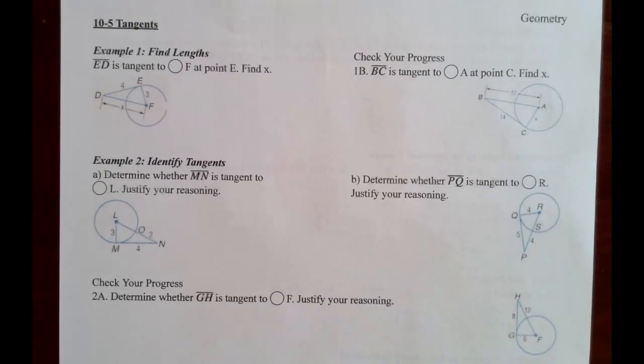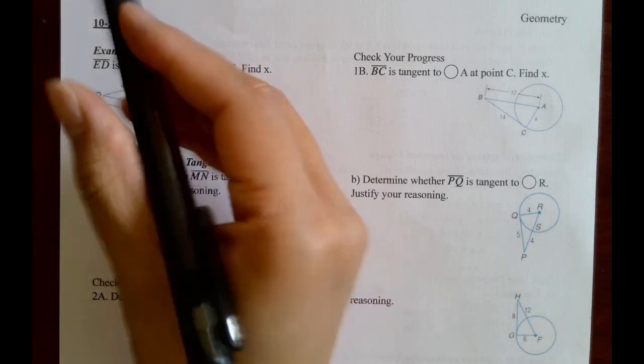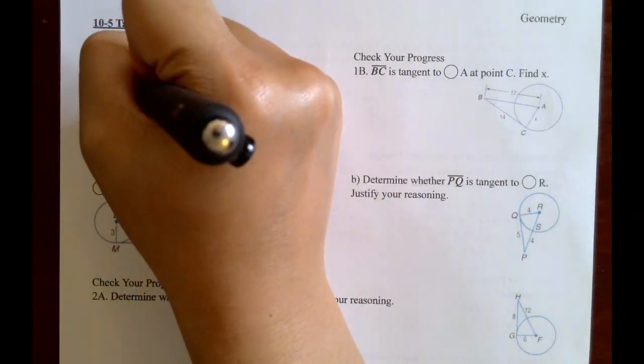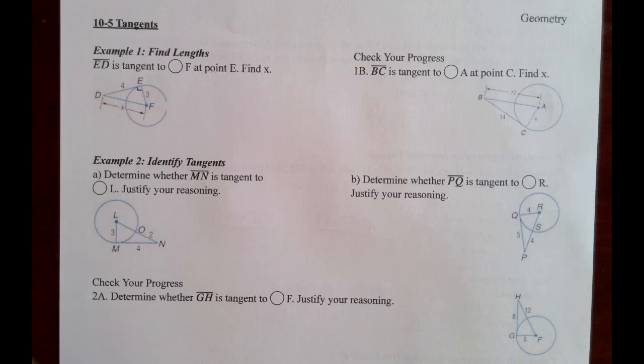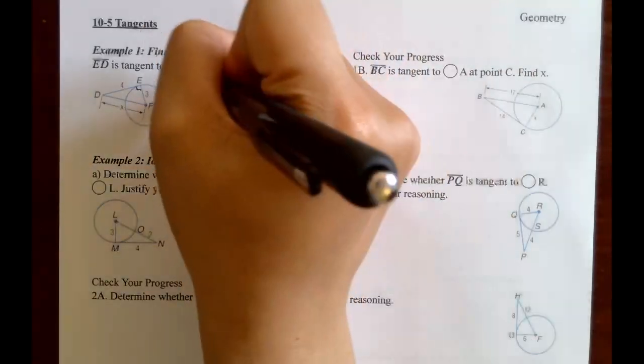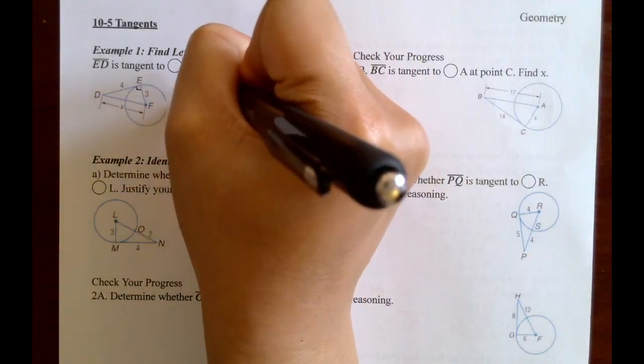So here, ED is tangent to circle F, which as a result, we know that DE and EF are going to be perpendicular. And then here it asks us to find X. Since this now forms a right triangle, I can use the Pythagorean theorem to solve it.